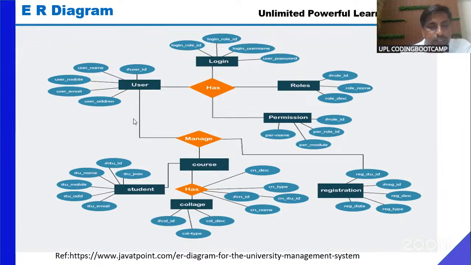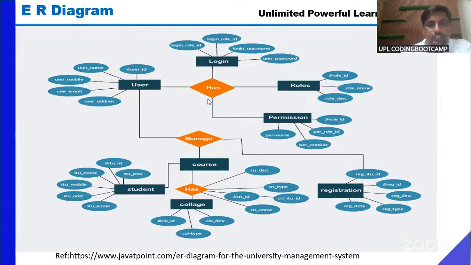So like this, we can have manage course. The student enrolled for a course, and the course has colleagues, a teacher or something like that. Registration is also there. This structure, just don't focus on the logic; focus on my words. Here, this is an entity, user.